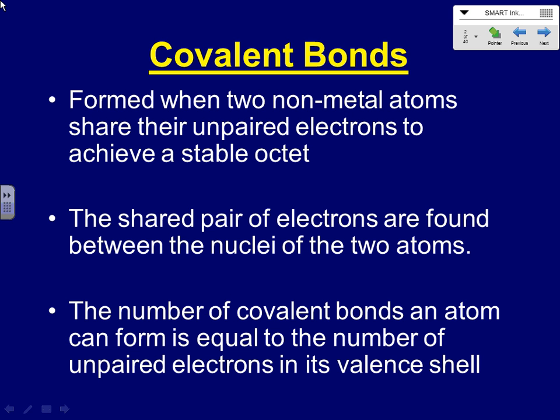So the ideas expressed in this slide come from our Lewis idea of bonding, and we've used that before. We're going to use bonds, single bonds, double bonds, triple bonds to represent shared electrons.